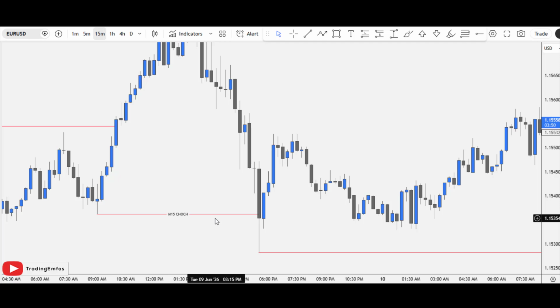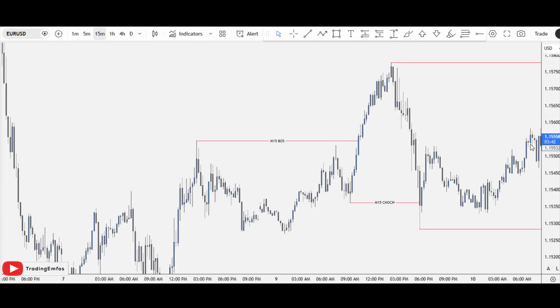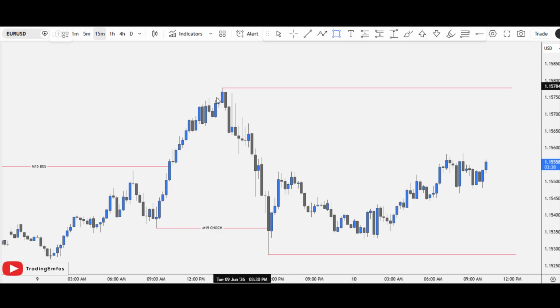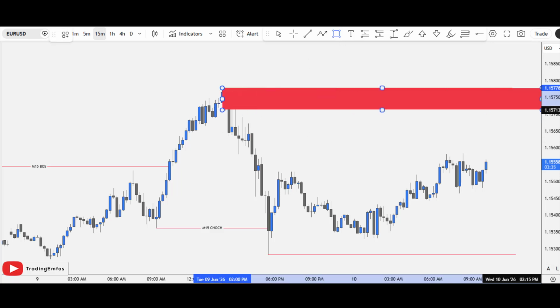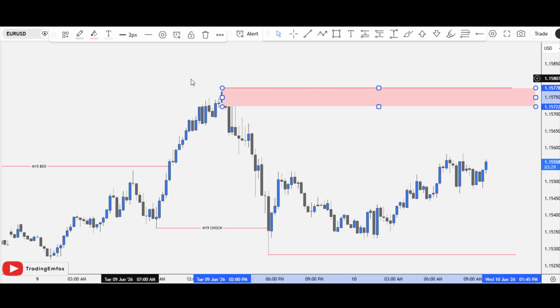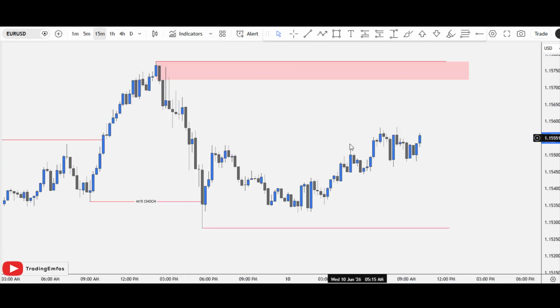So the M15 is bearish and the daily time frame is bearish, so they are in agreement. So next thing you have to do, you have to plot your key levels. I can see a supply zone here. I draw my level here. Then I can also see a demand zone here.